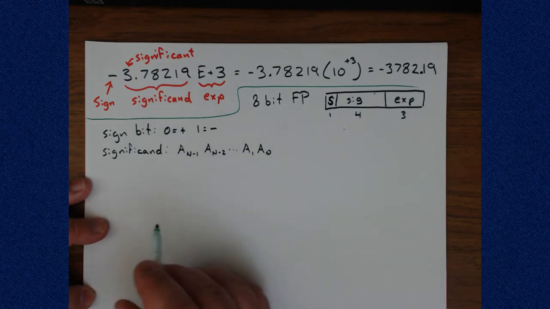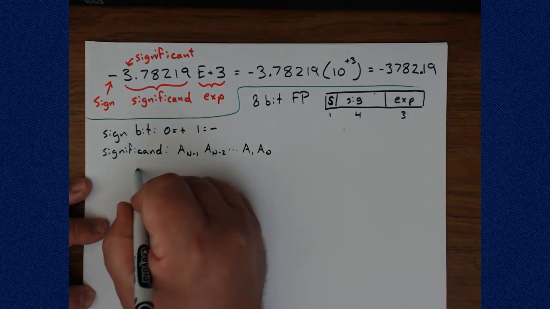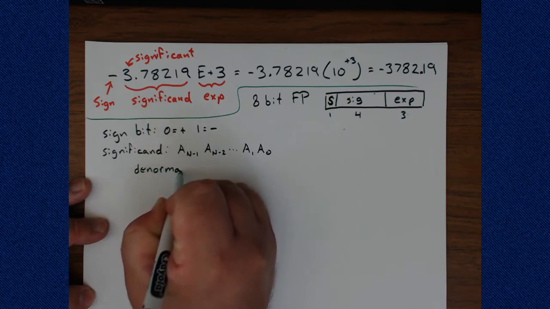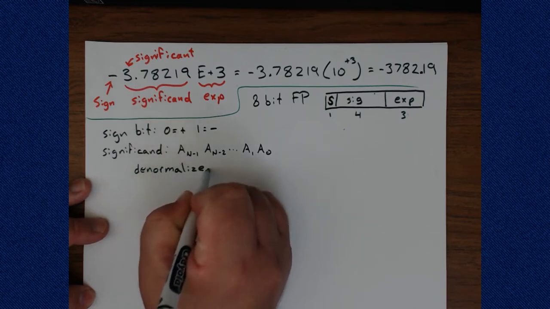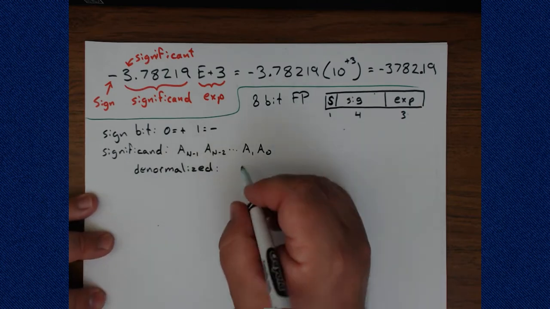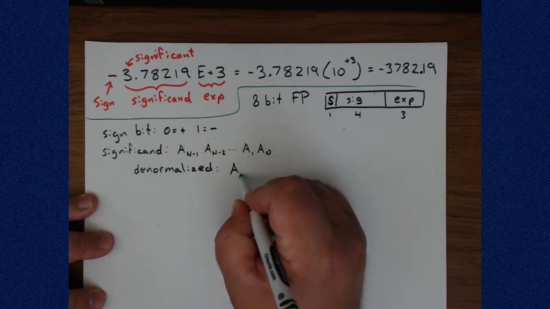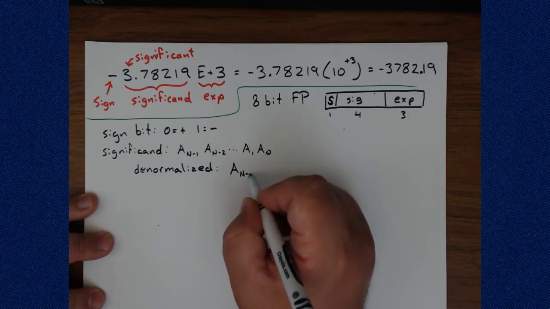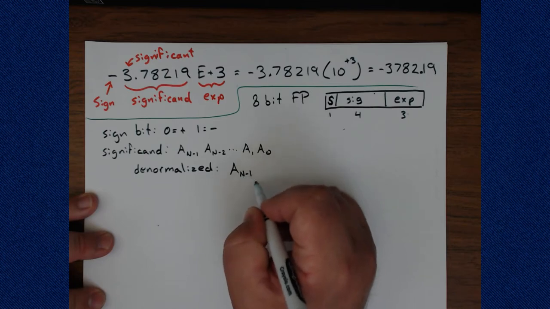And the 2 most common are to use a denormalized style. So denormalized, in which we really mean something like there's that first bit, or the highest order bit of the significand, a sub n-1.